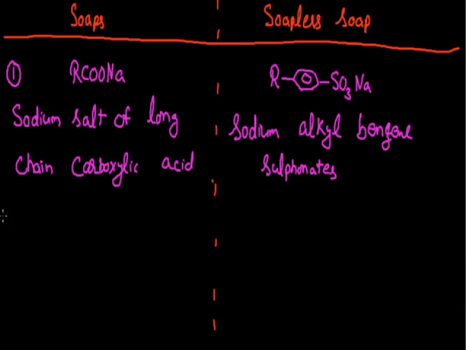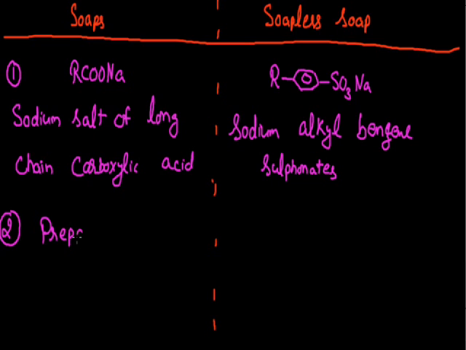Another difference is in the method of preparation. As we have read, these soaps are prepared by reacting natural oil or fat with sodium hydroxide, while these non-soapy soaps are prepared by reacting petroleum products with concentrated sulfuric acid. So that is another difference.